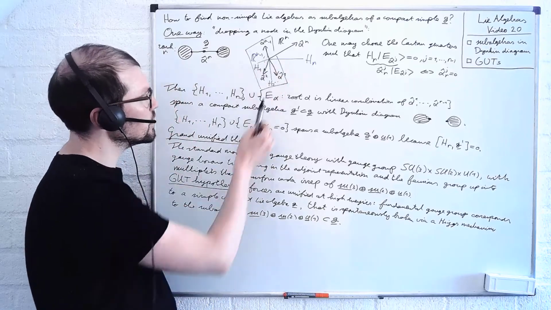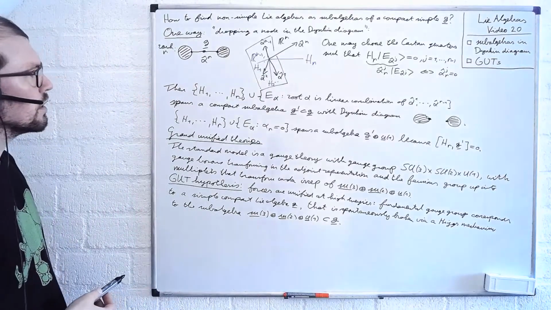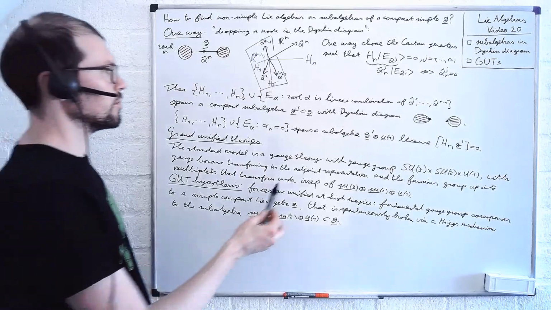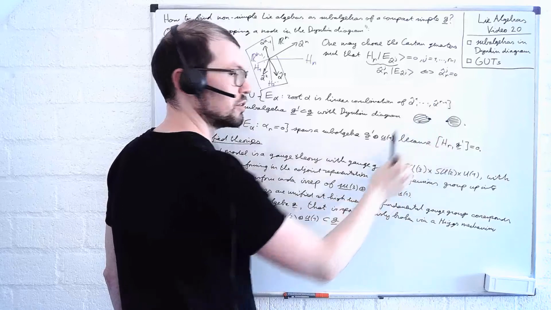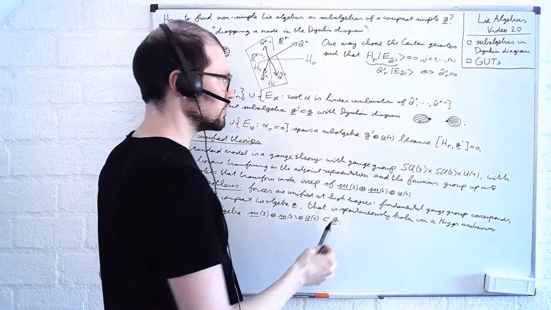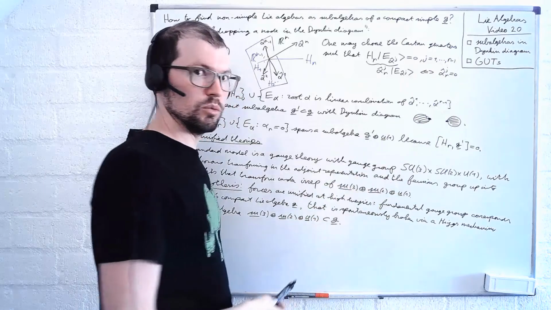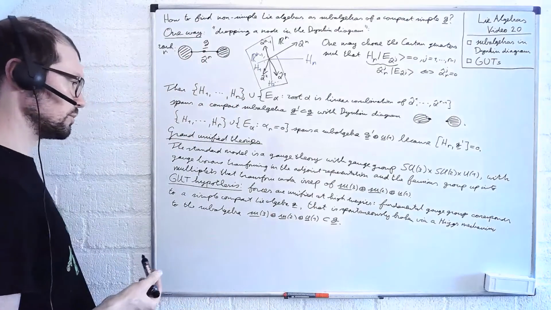And this is where the exercise above comes in, because here we've exactly seen how you can get a non-simple Lie algebra with a disconnected Dynkin diagram plus an additional abelian U1 component inside of a compact simple Lie algebra.